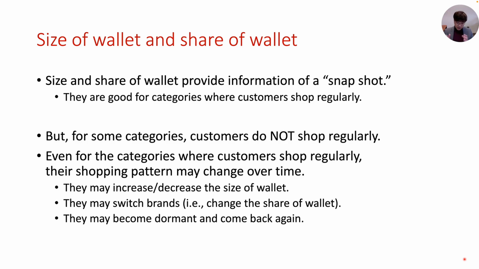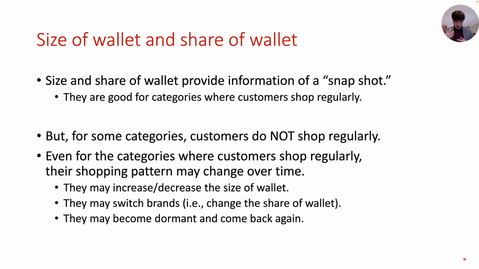Like this, if a customer's shopping pattern is constant over time, just one observation of her shopping is enough to understand it. But it is not always guaranteed that customers shop regularly.